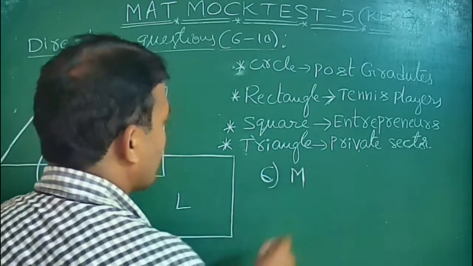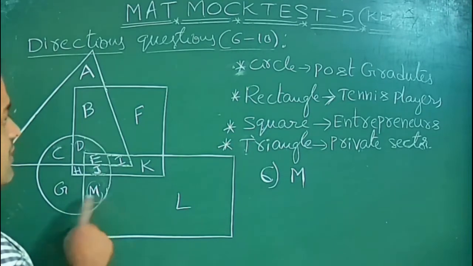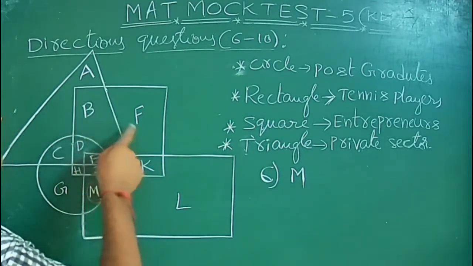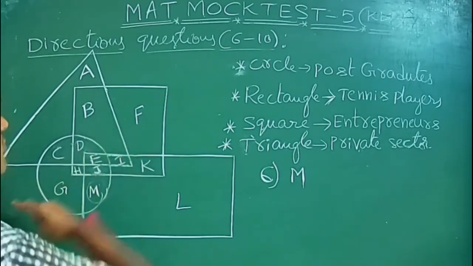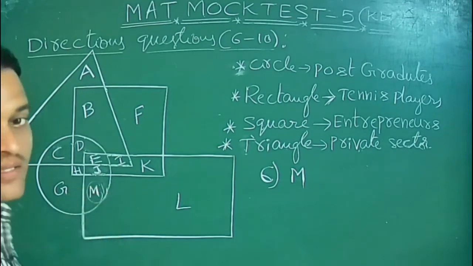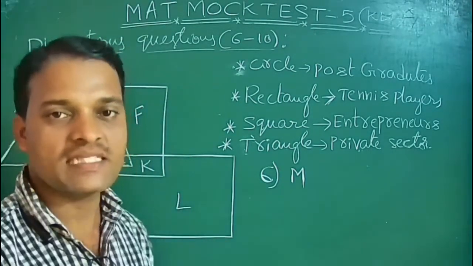Only those who are in postgraduates and tennis players, but not in the triangle and square. Any other intersection you have to remove. In these two, the intersection part is M only. Clear? So that is the sixth question.